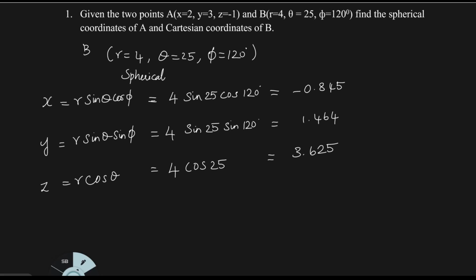The values of R, theta and pi are substituted, and we get x equal to minus 0.845, y equal to 1.464, z equal to 3.625. Like this, they give points and ask to convert that point into another coordinate system. In this way, the questions may be asked in university exams.